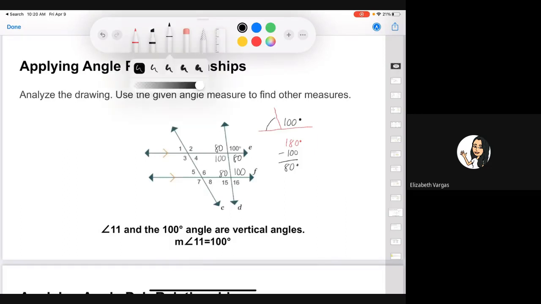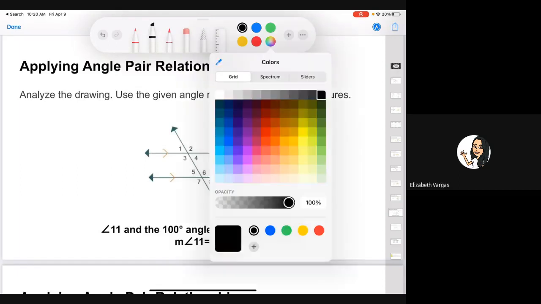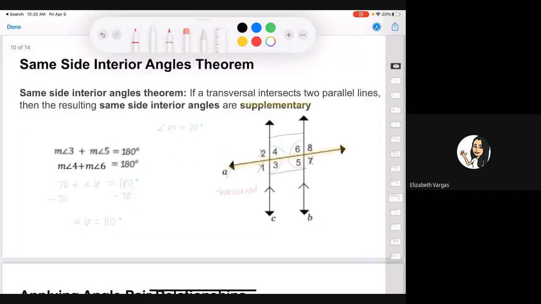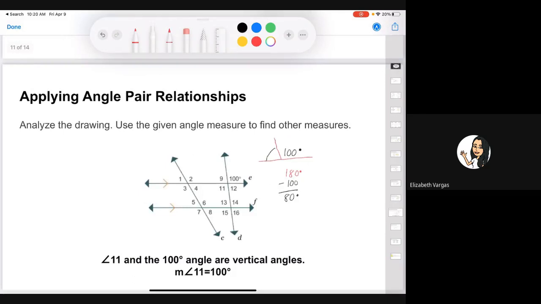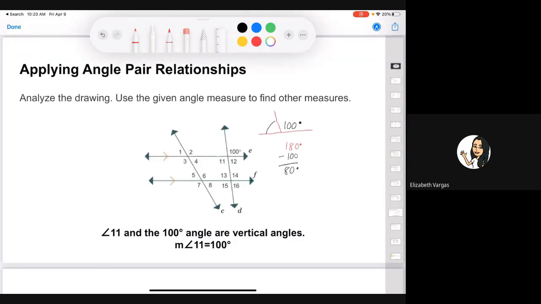Do we have any corresponding angles? Yes, we do. This angle and this angle are corresponding, which means they are congruent. This angle and this angle are also corresponding, which means they are congruent. And so what you identify is that we can use all of our different relationships between our angles to solve for all these missing angle measures.